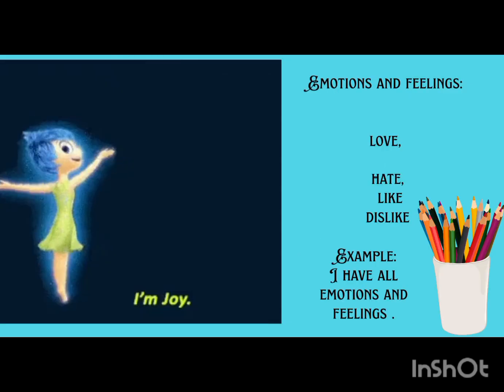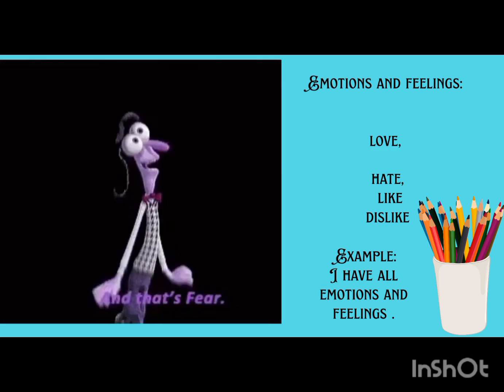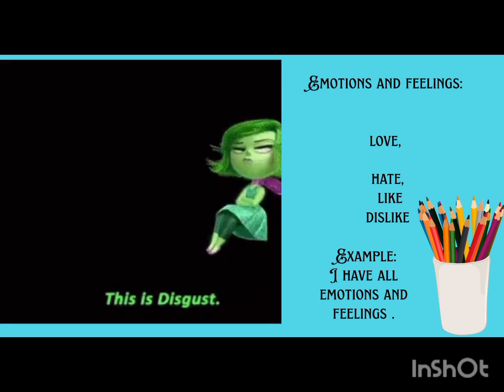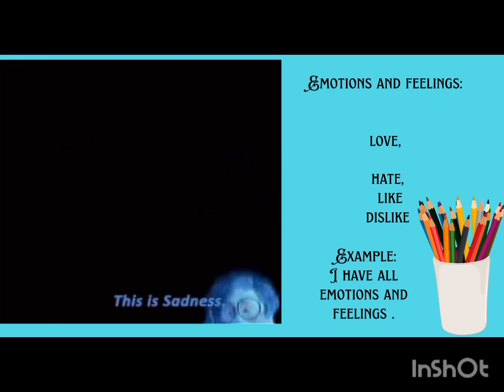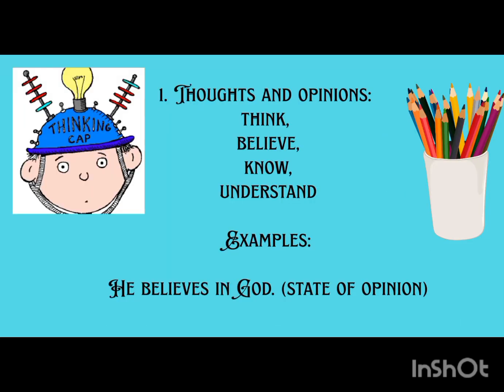Emotions and feelings are also stative verbs, like love, hate, like, dislike. You can see from this GIF that these are all stative verbs. Thoughts and opinions, for example think, believe, know, understand. For example, he believes in God, a state of opinion.